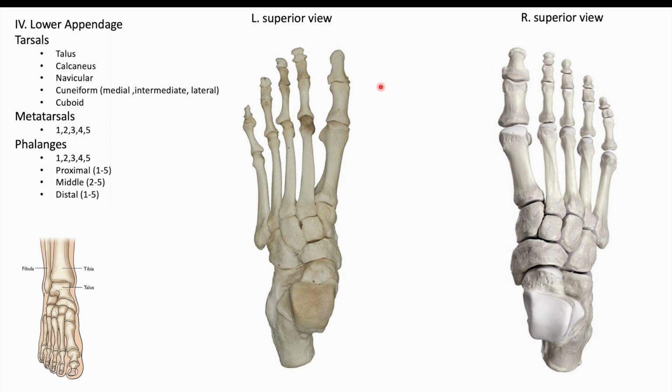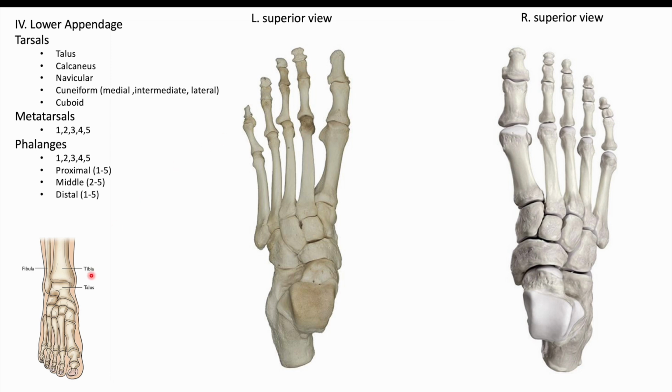For the distal, it goes back to number 1. You've got distal phalanx 1, 2, 3, 4, and 5, and on the right side, distal phalanges 1, 2, 3, 4, and 5. So the middle phalanx is the unique one. Number 1 is not there, so it just starts off with number 2. This is the same for the hands as well, if you remember.